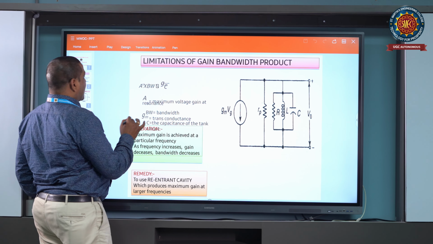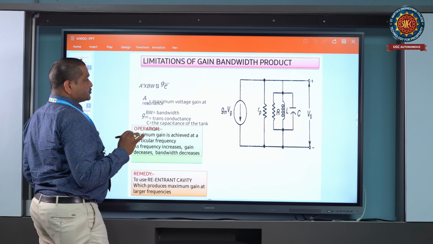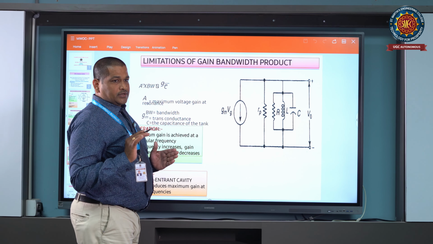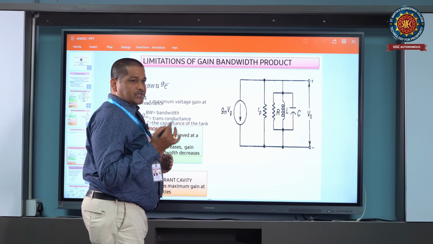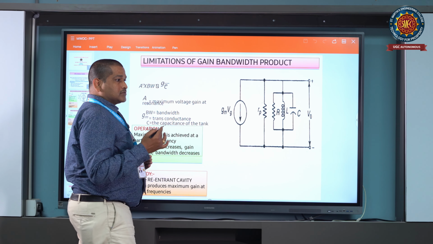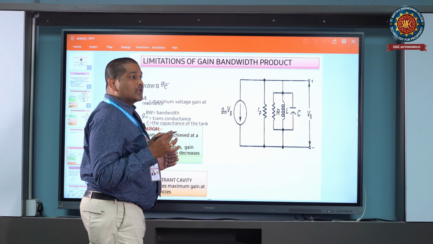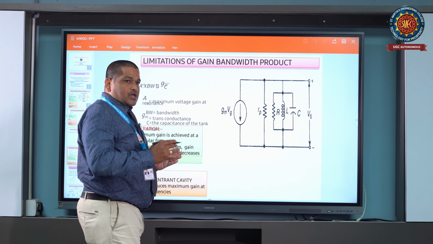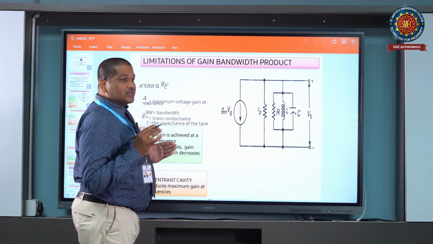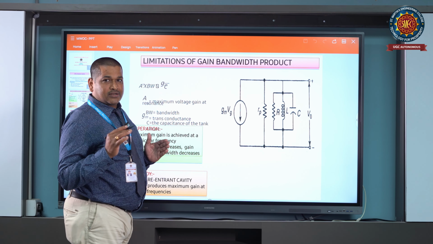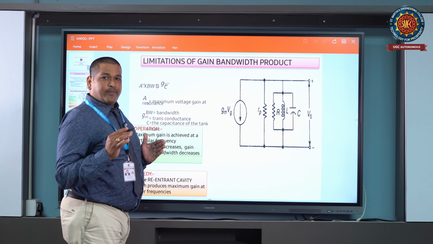Generally, the gain bandwidth product should be equal to a constant, but the gain should increase at a particular frequency. Gain will be maximum for any circuit at a particular frequency. That is called the resonance, or oscillation. At that oscillation state, gain should be maximum.